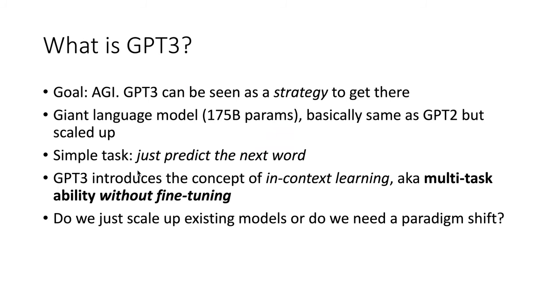It also asks the question of whether, to get closer to general intelligence, we just need to scale up existing models, or we need a real paradigm shift. GPT-3's suggestion is that scaling up can get us closer. It doesn't claim that it will be the solution for general intelligence, but it's evidence that it works pretty well to just scale up existing models.